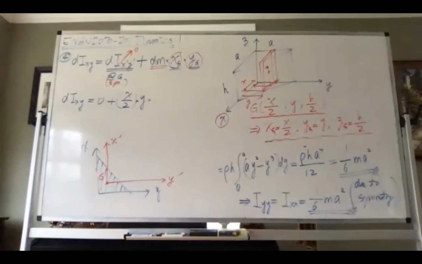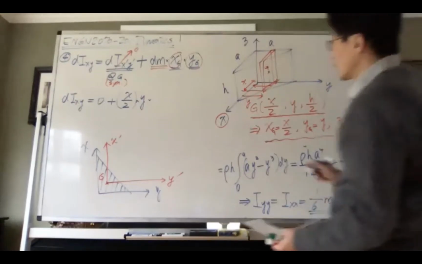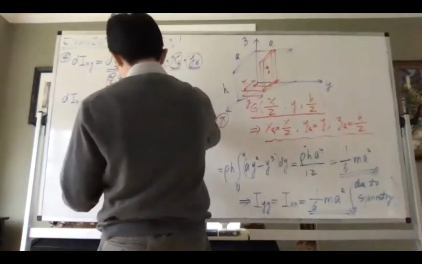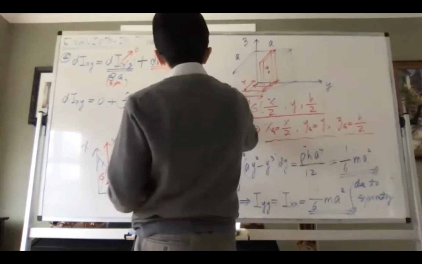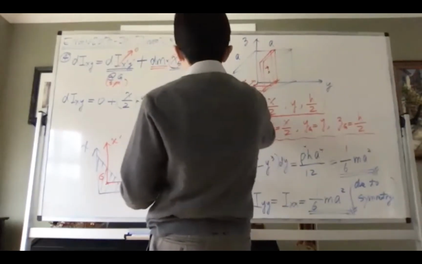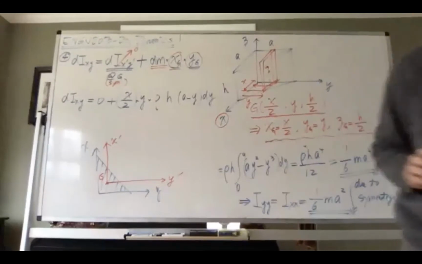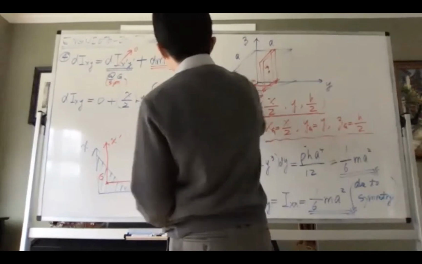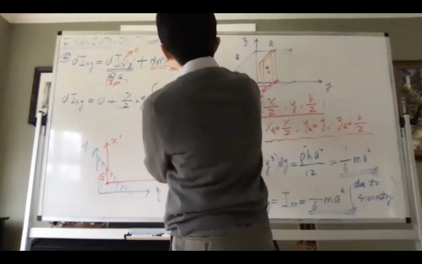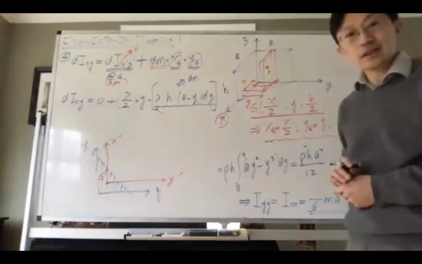And the unit mass we used before for dIxx, the unit mass we use here is, we said, rho times h times (a minus y) times dy. So this is the dm that we used before. You can double check with step 1, right? So this is the dm.